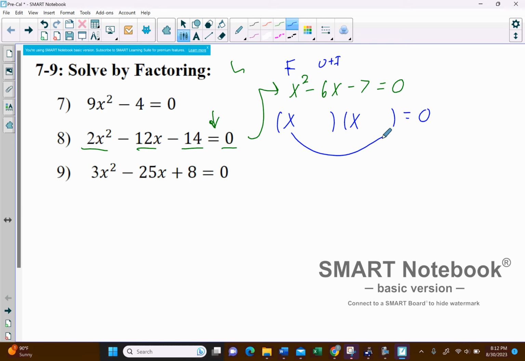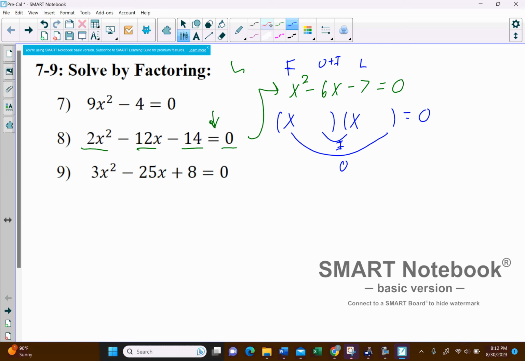So this times this would be my outer, and this times this is my inner, and those two things have to add up to minus 6x. And then there's another condition, though, because there could be multiple answers to create a minus 6x. The other condition is that the last two terms have to multiply together to give me a negative 7.